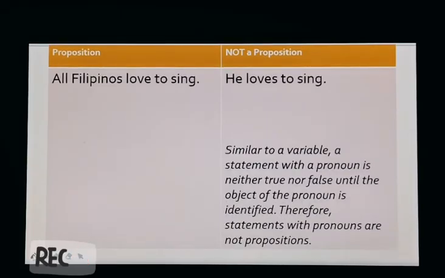Another one, we also have all Filipinos love to sing. This is an example of a proposition. But when we say he loves to sing, it is not a proposition because the pronoun is used and it was not identified.